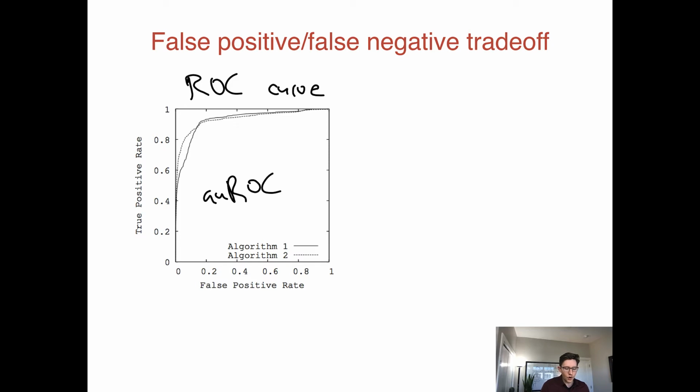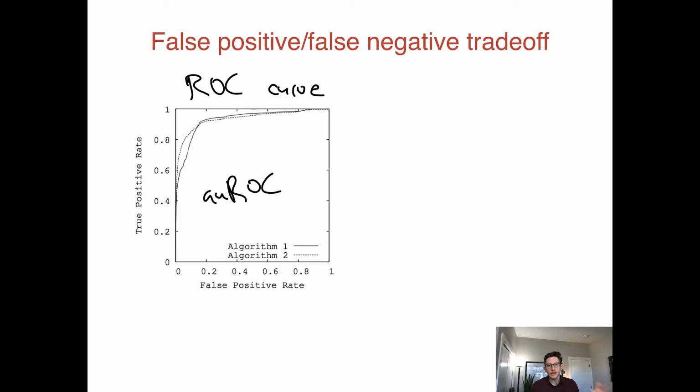So if algorithm 1 was always above algorithm 2, it would have a higher area under the ROC curve. But what that's essentially doing is saying that each false positive rate is kind of equally important. Another way of saying that is we're not sure which false positive rate we're going to be looking for, so we're going to evaluate our performance according to the average of all those false positive rates. And I think that's almost never the right thing to do.